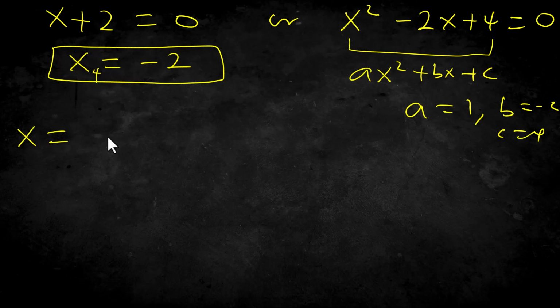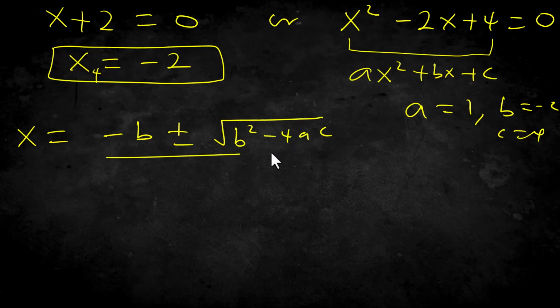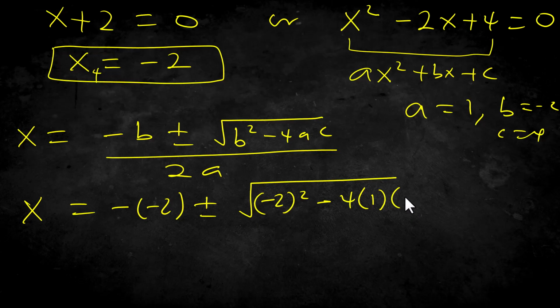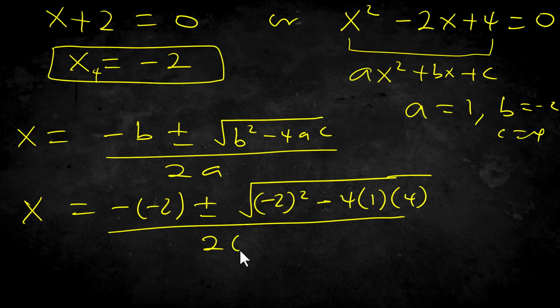So x will be minus b plus or minus the square root of b squared minus 4ac over 2a. So x equals 2 plus or minus the square root of minus 2 squared minus 4 times a, which is 1, times c, which is 4, over 2 times 1.